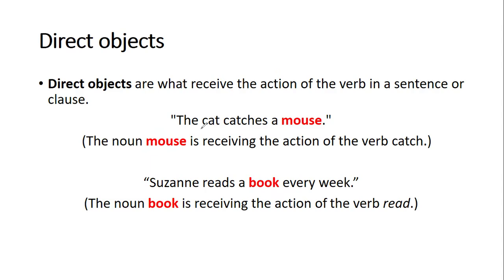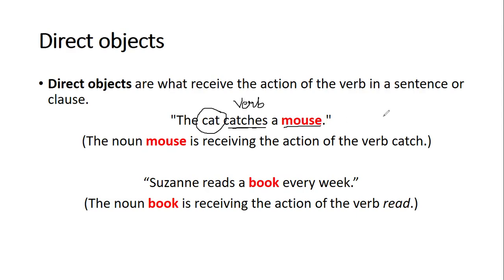Now we all know the whole sentence revolves around cat. So cat is our subject. What is cat doing? What action is a cat doing? Cat is catching. Catches is our verb.